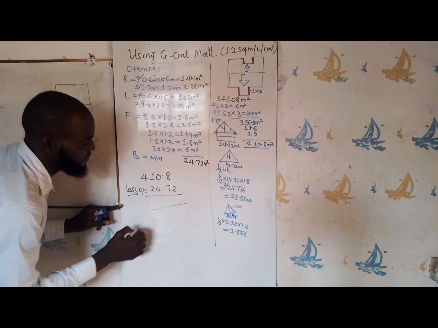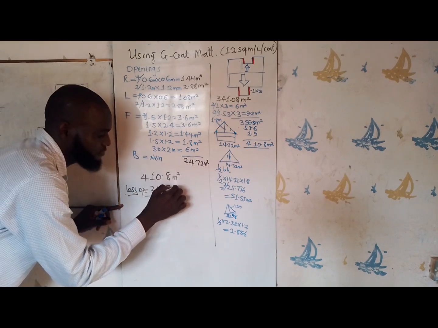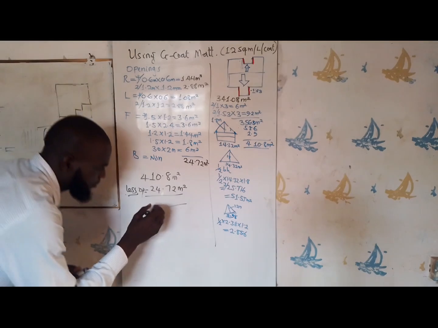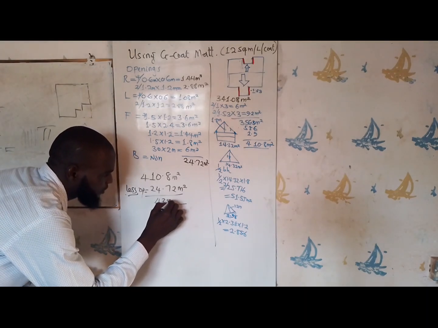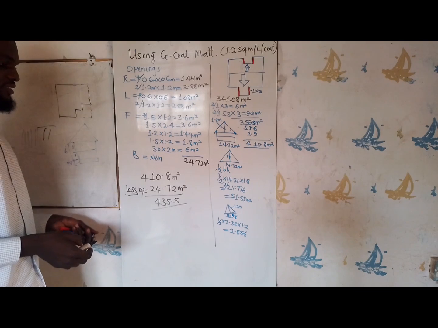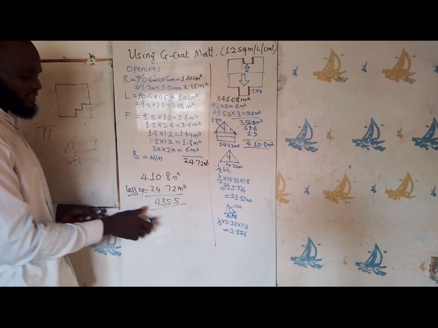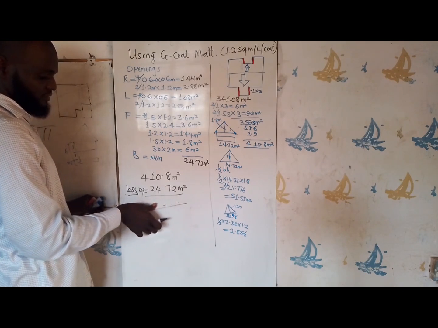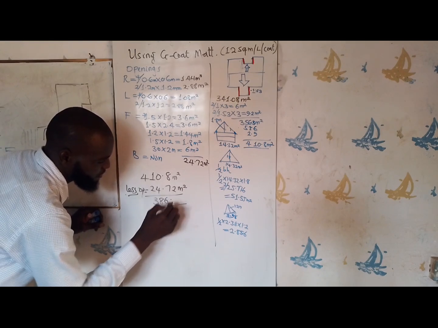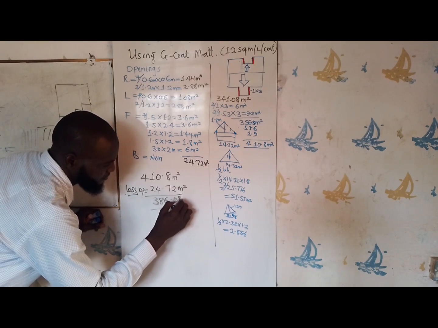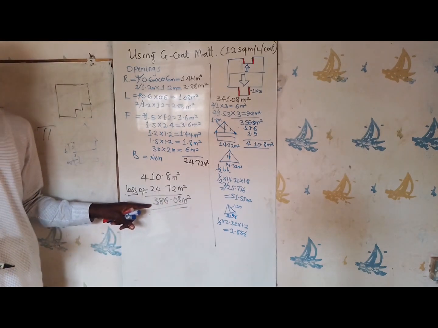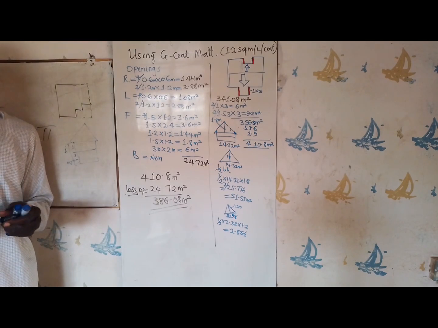So what will that give us? 435.5 less, which is minus, 386.08. So this is the actual area that we have to paint. So that is what we have to calculate.